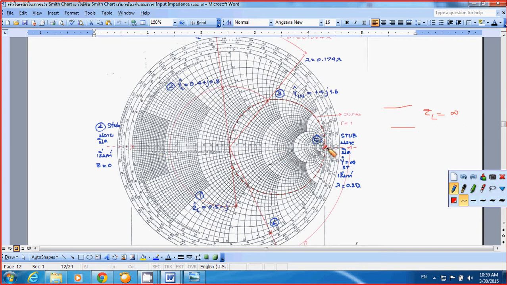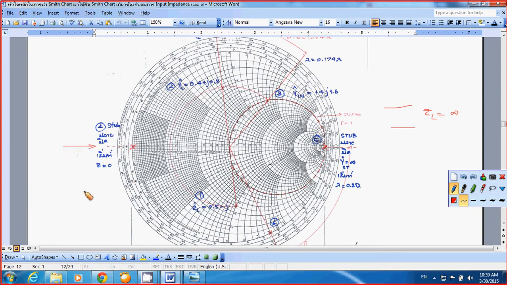And when you want to work on the admittance system, you have to find a new point that is 180 degrees out of phase of this ZL normalized here, so it shows up to be at this point.